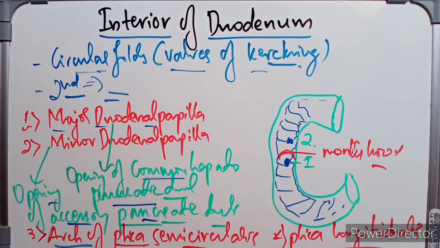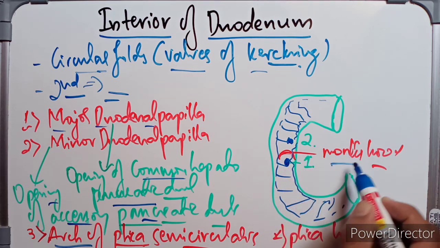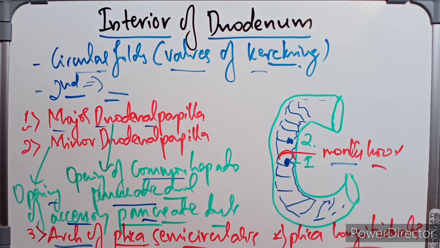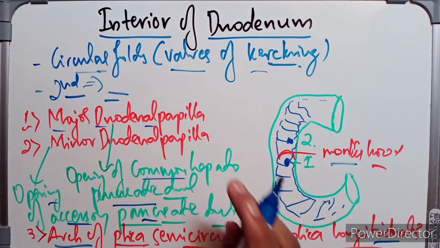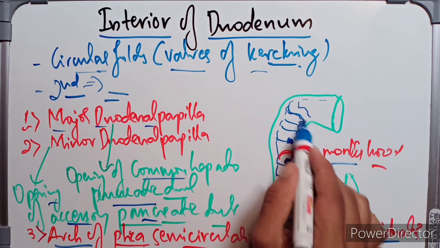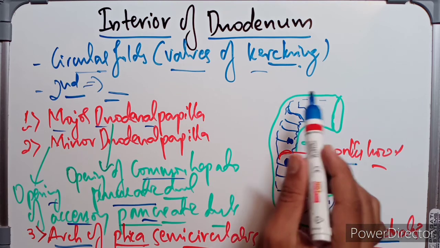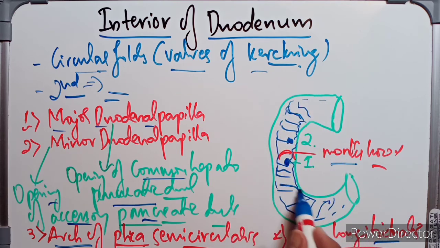We have the arch of the plica semicircularis, like a monk's hood above the major duodenal papilla, and the plica longitudinalis, which is a tortuous fold of the mucous membrane extending downward from the major duodenal papilla. So this is about the plica longitudinalis.